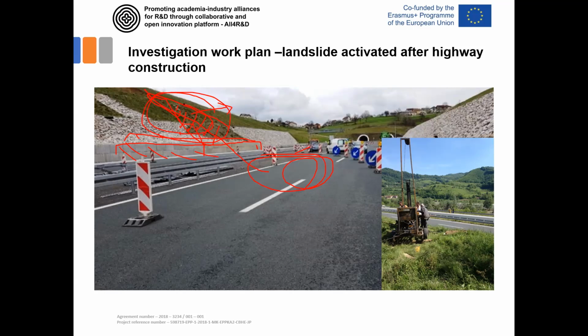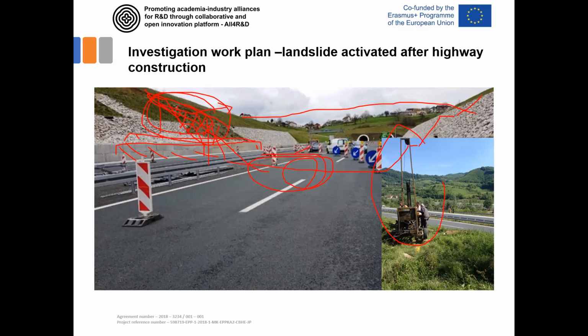So once again, we can reach the machine to this hill, and we can perform some boreholes here to define the cross section, if we don't have the information from the past when we performed the investigation work for the initial construction of this cut slope. So the original ground surface was like this, the excavation from this side was like this, and from the opposite side like this.